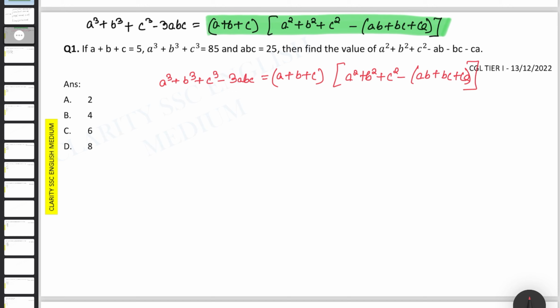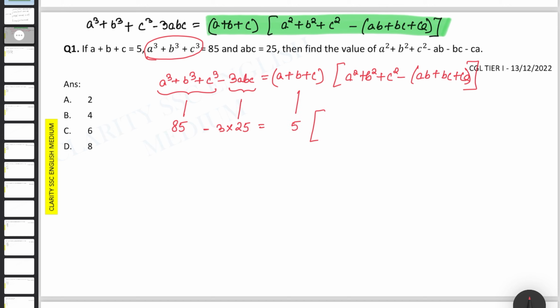Here, a cube plus b cube plus c cube is given, so we can write 85 here, and minus 3abc, which is minus 3 into 25. a plus b plus c is given, it's 5.